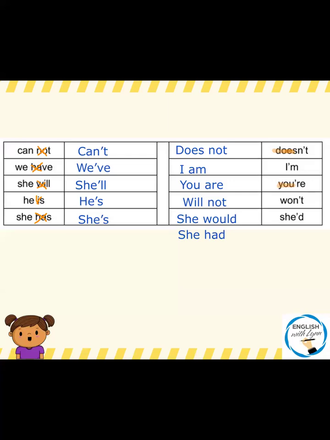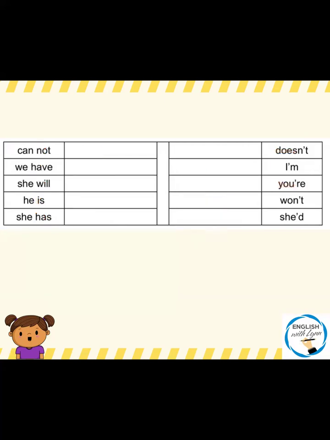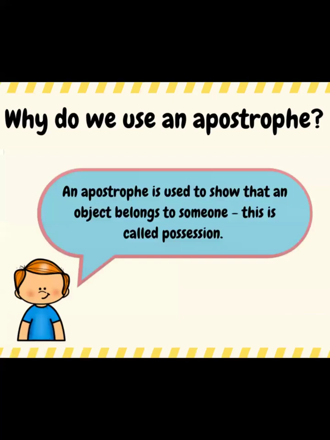The next bit that we are going to look at is the other type of apostrophe that we mentioned, the apostrophe for possession. And this is the one that is slightly more confusing. So, apostrophes for possession, it is showing that an object belongs to someone.